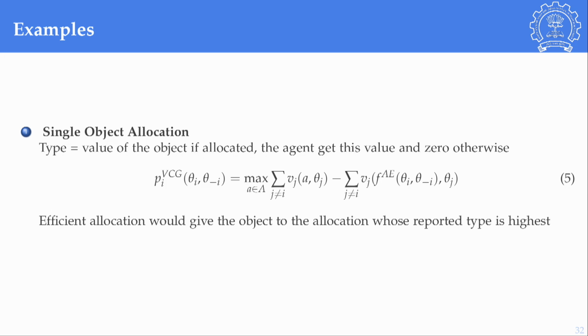Okay, so now let us get back to the original single object allocation. We can think about this as our problem: we are trying to maximize the allocative efficiency, and what is the payment rule if we apply VCG? Think from the viewpoint of somebody who is not the highest bidder.